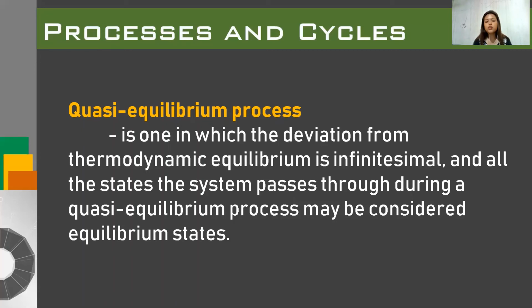Several processes are described by the fact that a property remains constant. That is where the prefix iso comes from, used to describe processes where a property remains constant during the process.